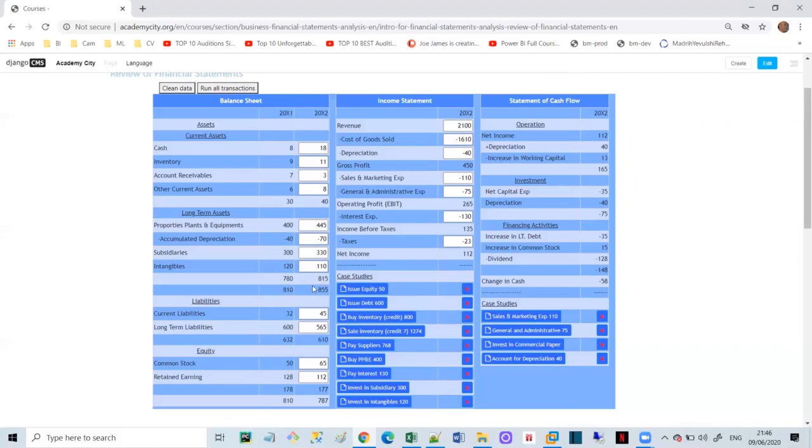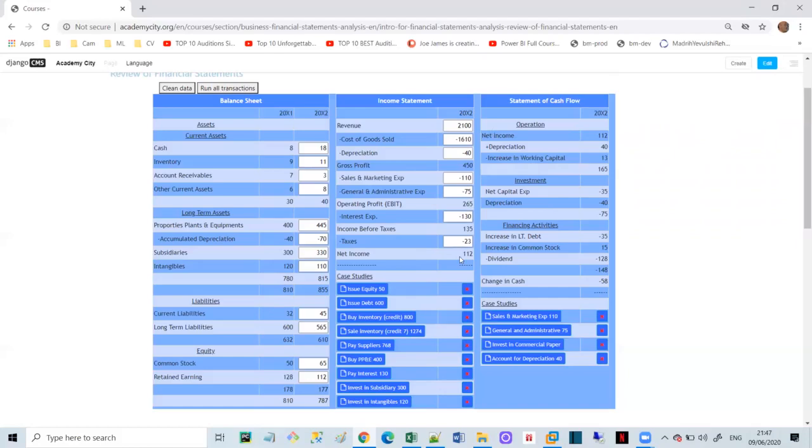It means I used part of the cash to raise my net long-term assets. That's the 35 right here. So every number here is very clear. I increased my assets by 35, but just remember, if my net assets went up by 35, that means I spent more money because I had to cover the depreciation. So how much money went out of my pocket? It's 75.